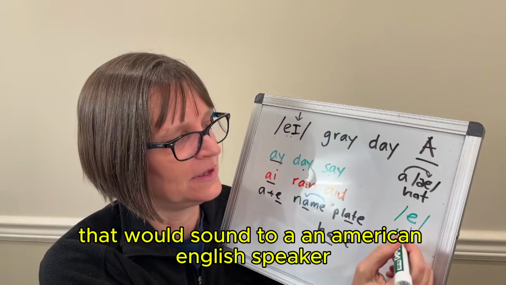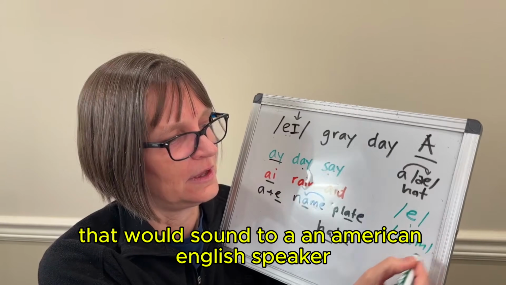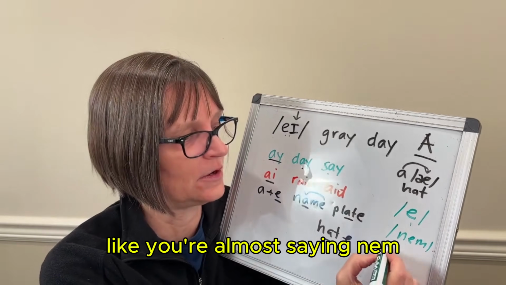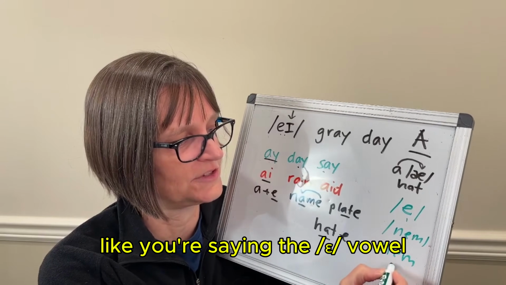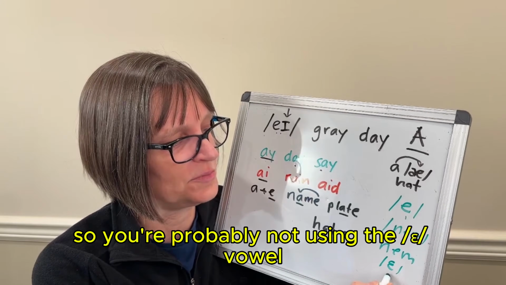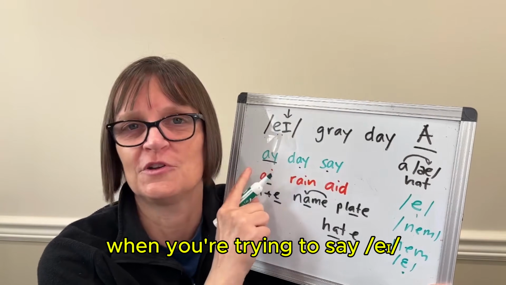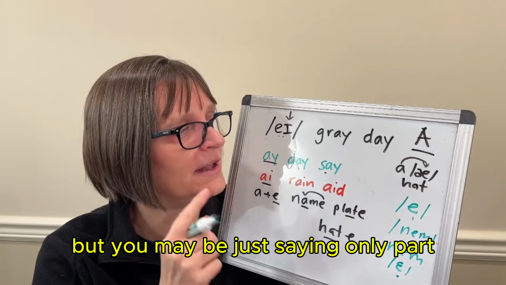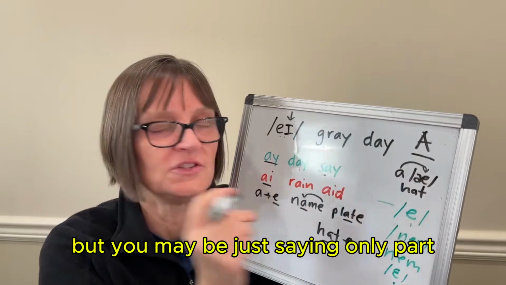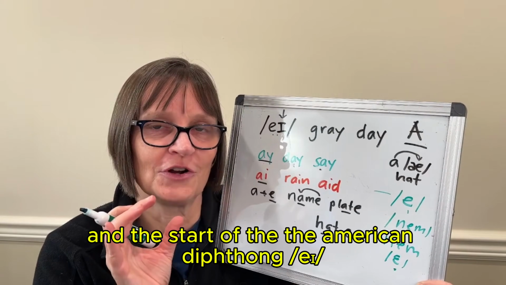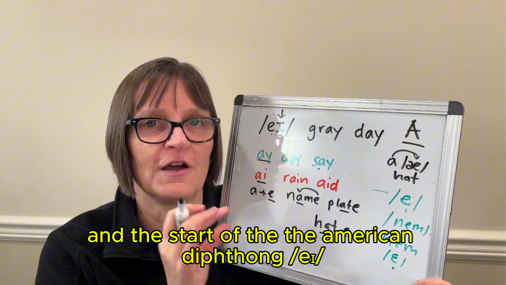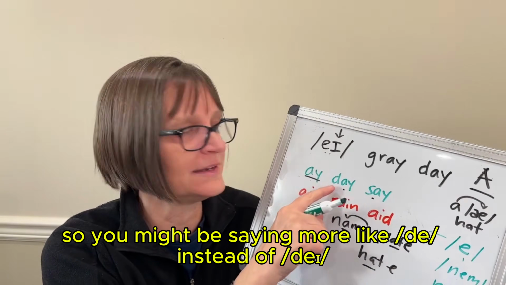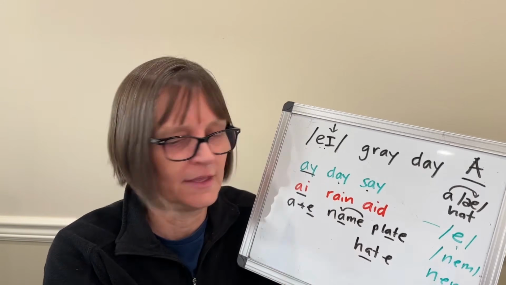That would sound to an American English speaker like you're almost saying nem, like you're saying the short vowel. So you're probably not using the diphthong when you're trying to say A. The monophthong is more open than A, but you may be just saying only part and the start of the American diphthong A. So you might be saying more like de instead of day.